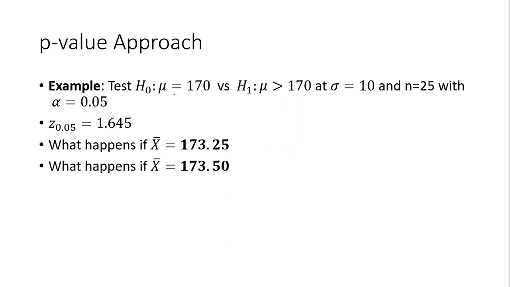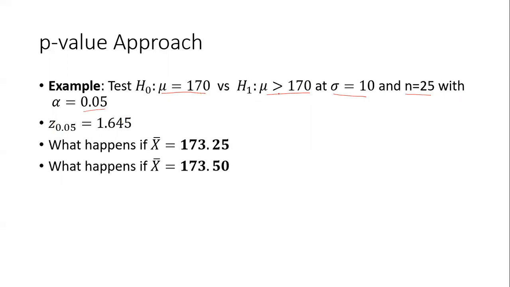So let's test the hypothesis where the height of the students in the university is 170 versus it is greater than 170, and sigma is equal to 10. I take 25 students, and let's say alpha is equal to 0.05. Now, the critical value is z sub 0.05.